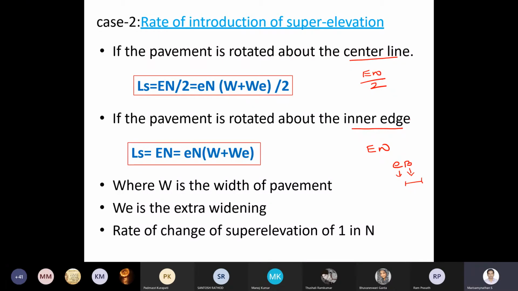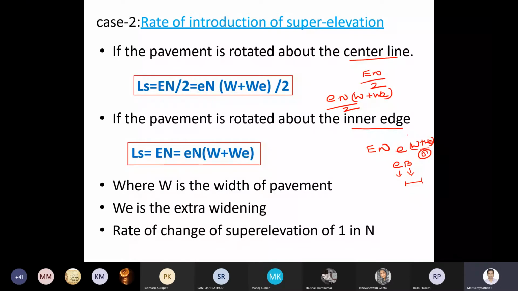That is the reason the equation is slightly modified: E into (W plus W e) divided by 2, where this is the total width. Getting my point? So instead of the capital E, we are substituting E into W plus We.